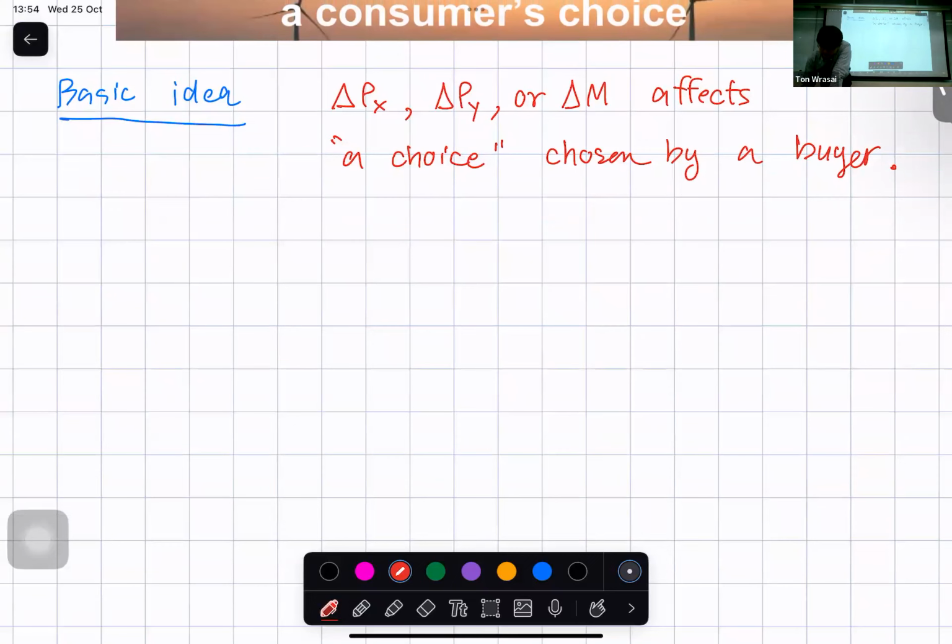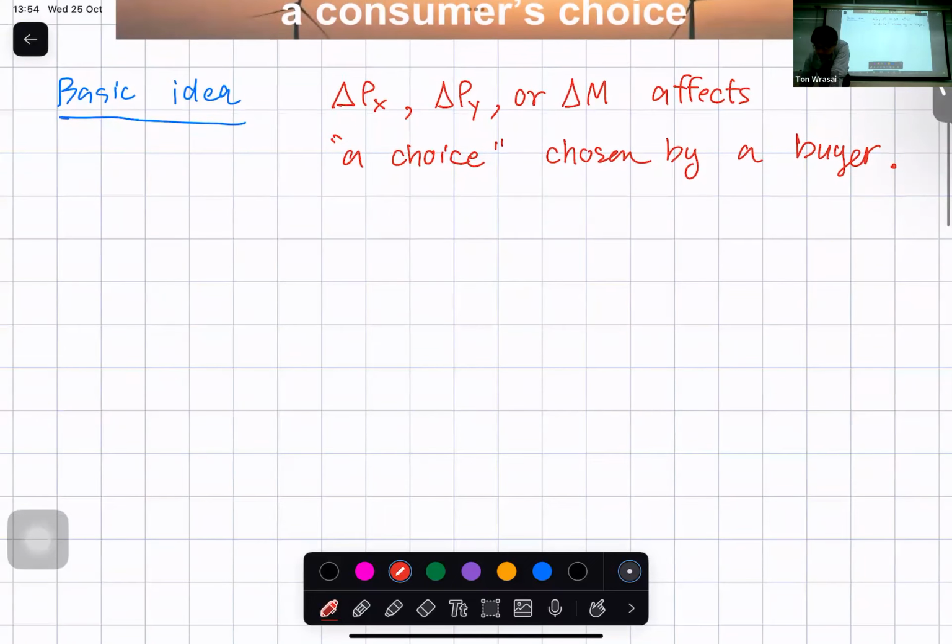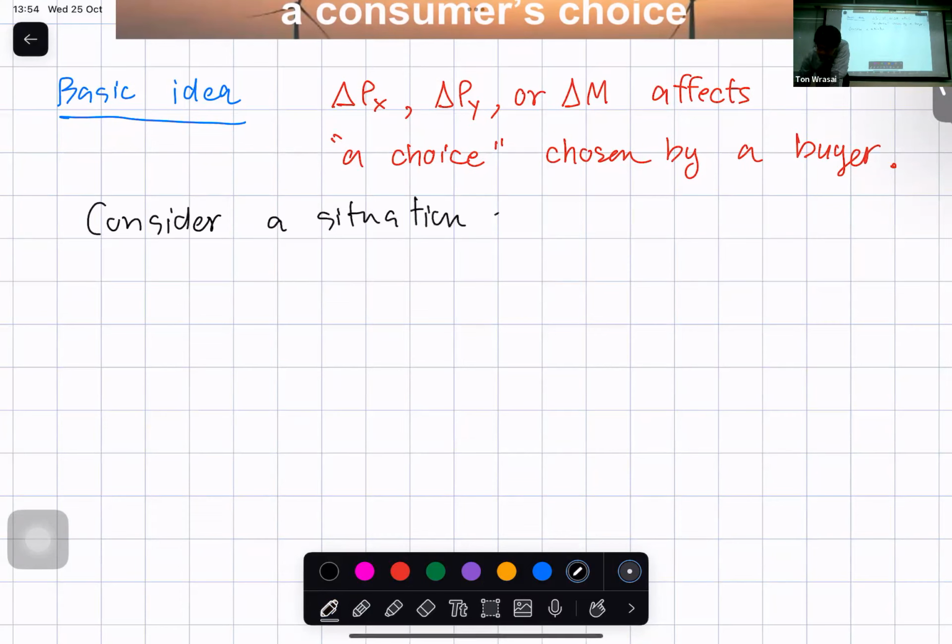Take a look at this. Start with this. Consider a situation where the price of good X goes up. Pizza becomes more expensive.